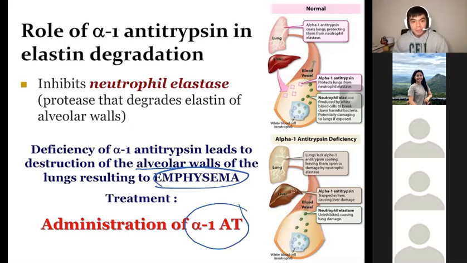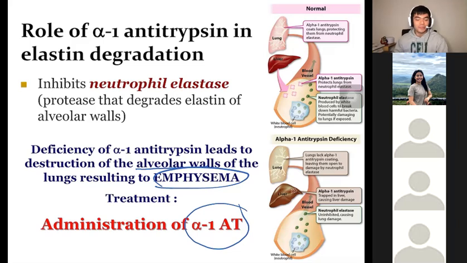Question, pag nag-administer ba ng alpha-1 antitrypsin, may available na in deactivating elastase? Ulitin natin. Kapag ba nag-administer ng alpha-1 antitrypsin sa tao, may available na ba sa katawan ng tao na mag-deactivate ng elastase? Yes or no? Yes.